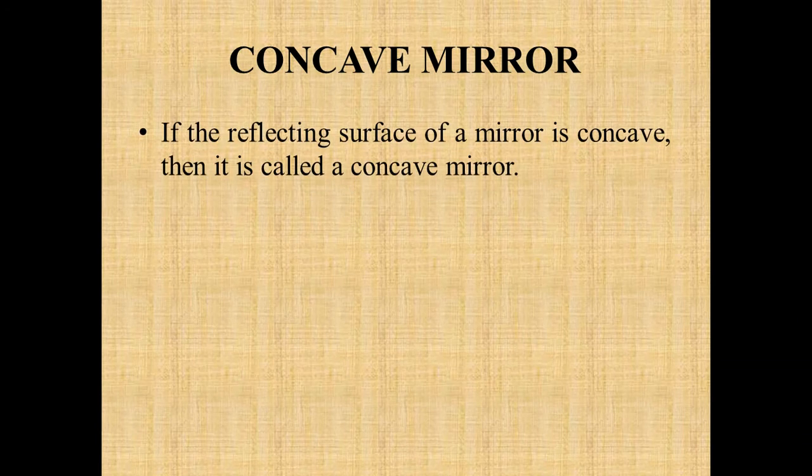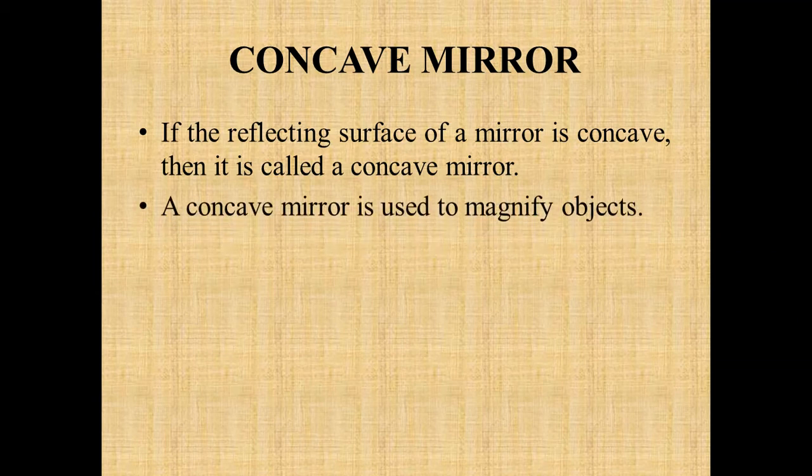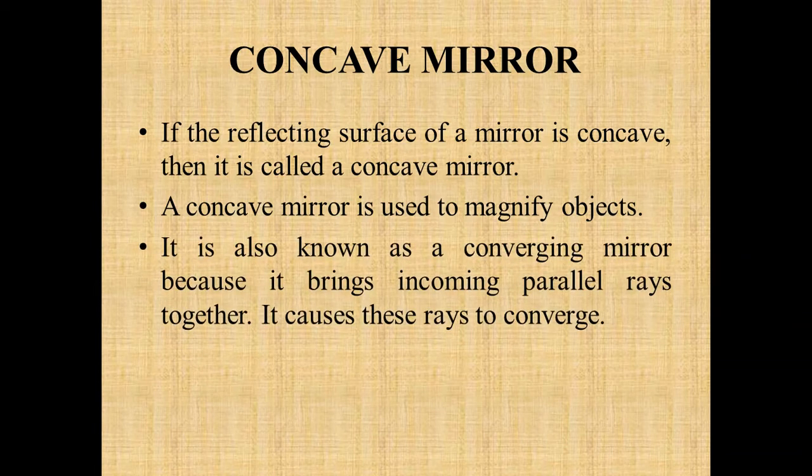Whereas in case of the concave mirror, the reflecting surface of the mirror is concave, that is, it is bulged inward, and that is why the concave mirror is used to magnify objects. It is also known as a converging mirror, because when parallel rays come together, they actually meet in front of the mirror.